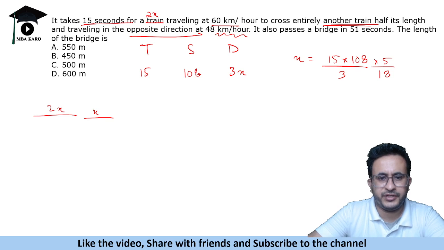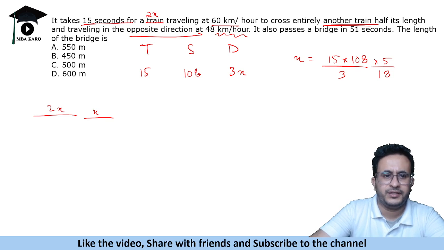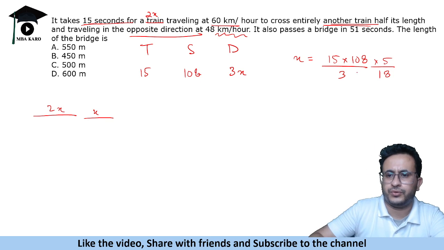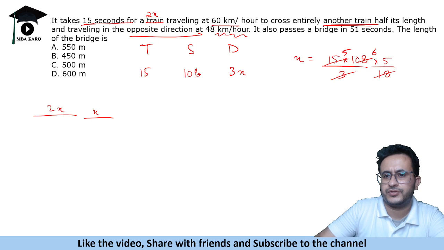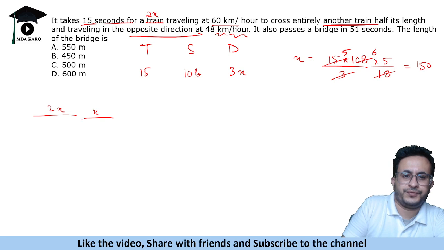Whenever we have to convert, convert to meter per second. So this gives us 5 and 6, and we get 150. So x is 150, and the longer train is 300.